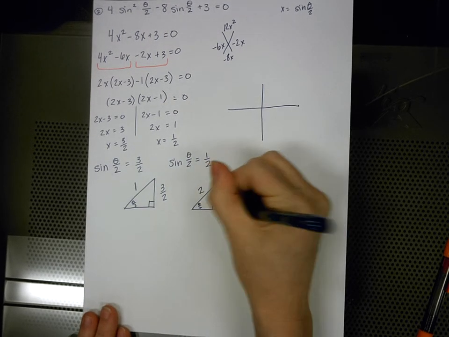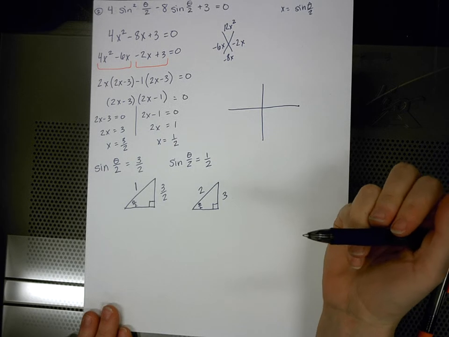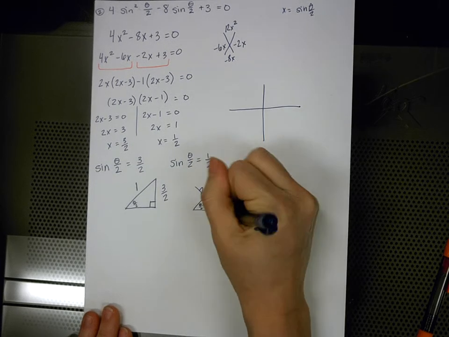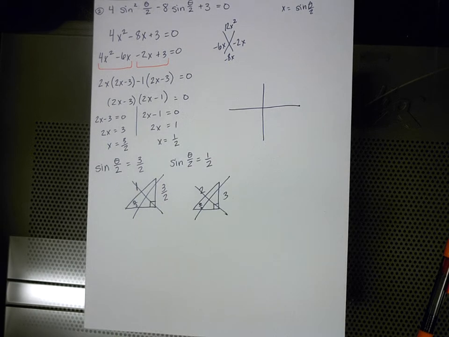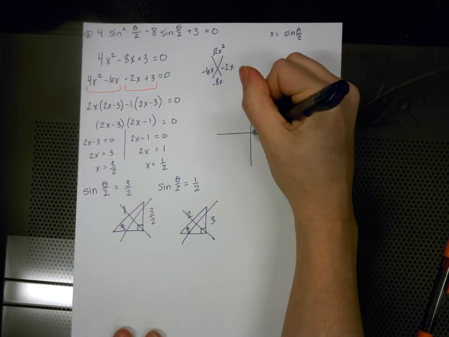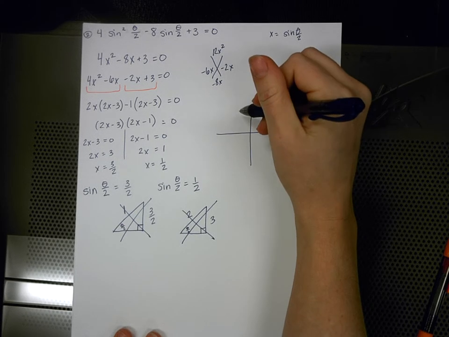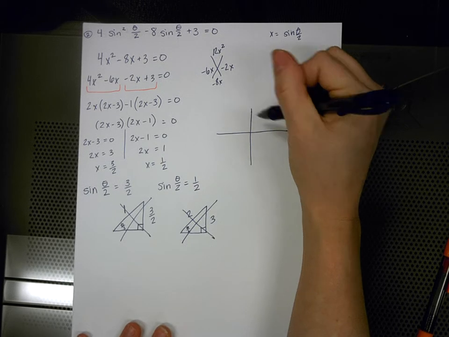Now, is this possible? For my opposite side to be 3 and my hypotenuse to be 2? No, because your hypotenuse always has to be the longest leg. Same thing over here, 3/2 is more than 1/2. Your hypotenuse has to be the longest leg. We know on the unit circle that none of our sine or cosine values are longer than 1 whole. And 1 whole is even a special case because that would be on our axes.